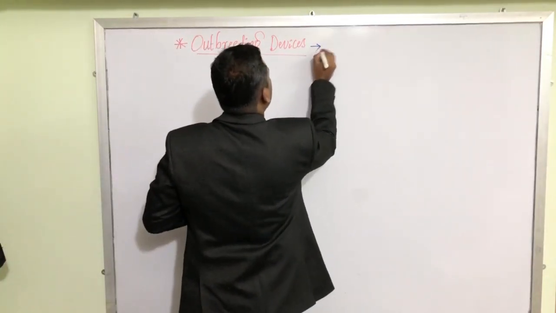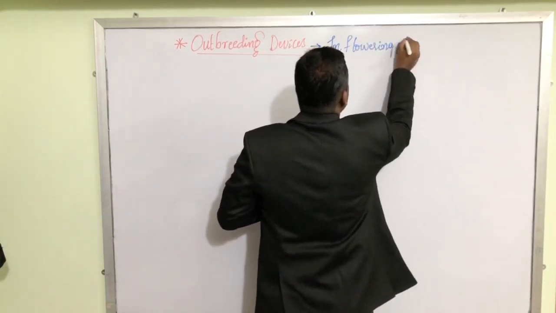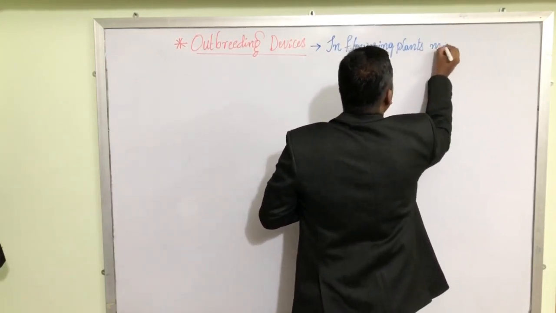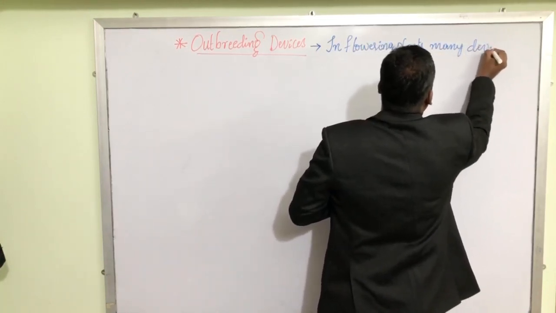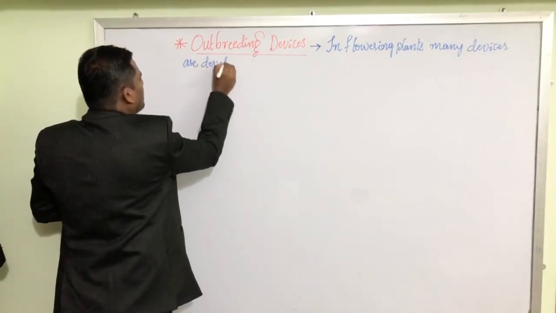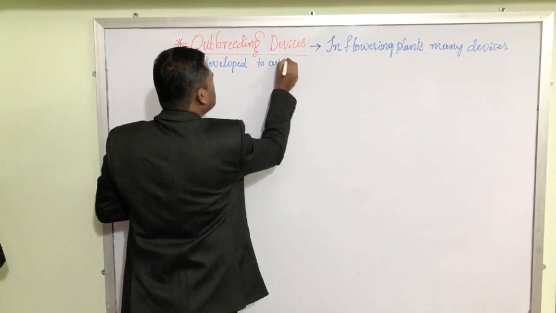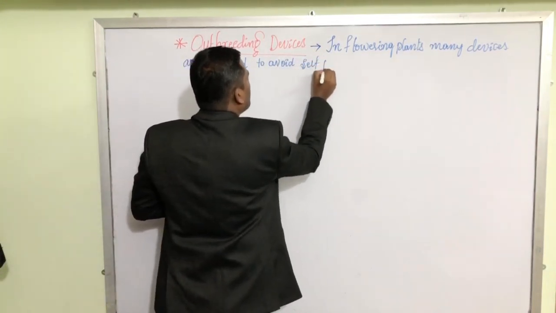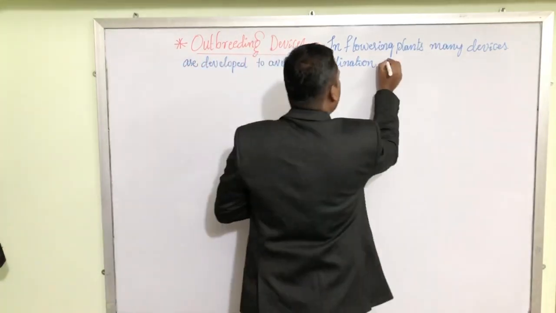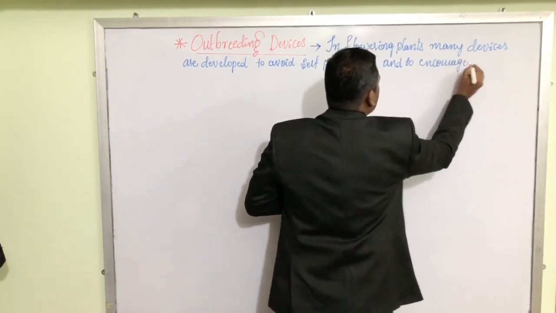Outbreeding devices are nothing but, in flowering plants, many devices are developed to avoid self-pollination and to encourage cross-pollination.